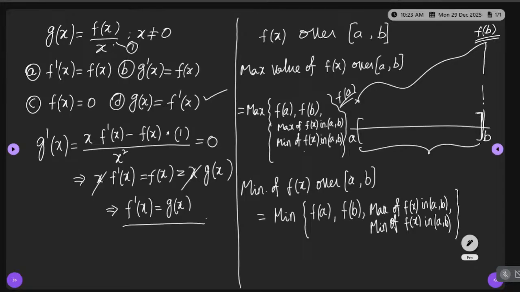In open AB, you have to include f of a, f of b. Among all of these, whichever is minimum, that will be the minimum over closed AB.